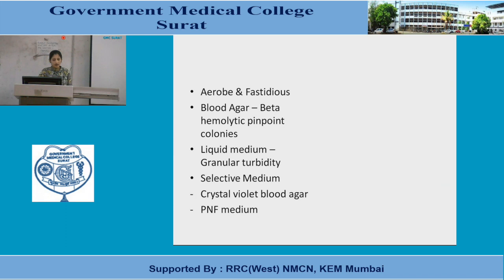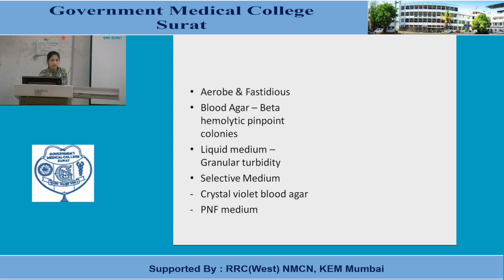Different types of media are used for the streptococci, but if we want to see the different hemolytic properties of the streptococci, we use blood agar, because Streptococcus pyogenes gives beta hemolytic pinpoint colonies on blood agar.